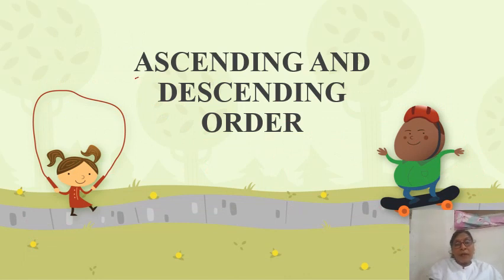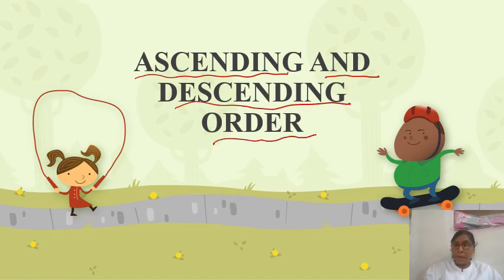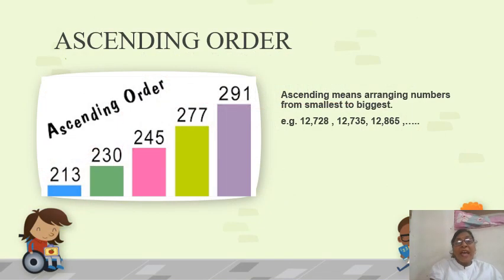Now let's learn ascending and descending order. Ascending order. Ascending means arranging numbers from smallest to biggest.